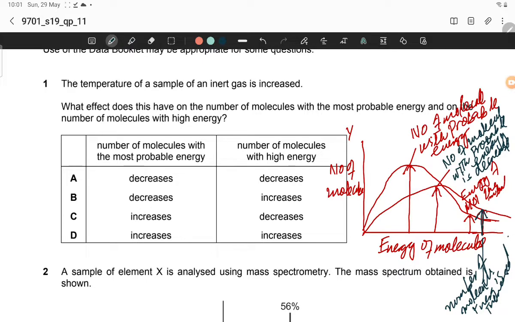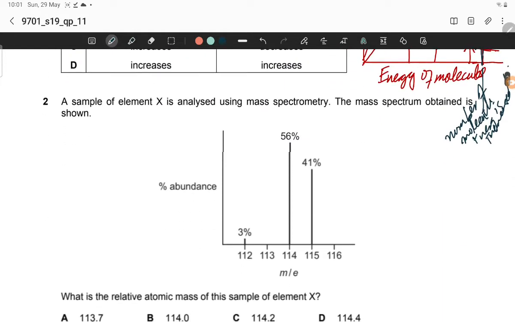So over here energy decreases, and over here energy increases. So B option must be correct.